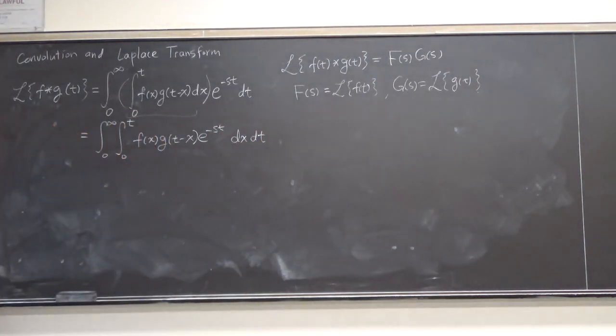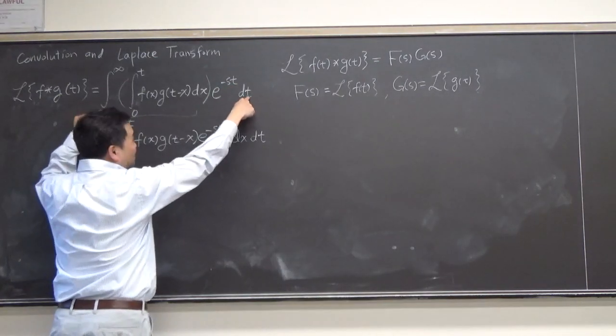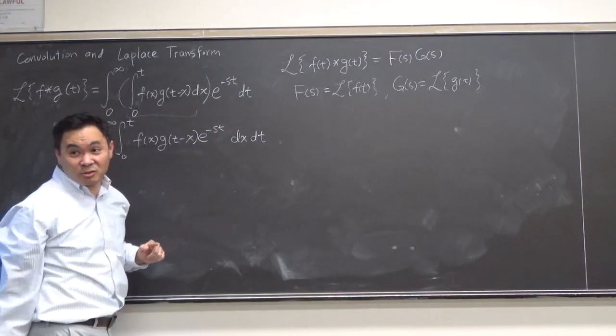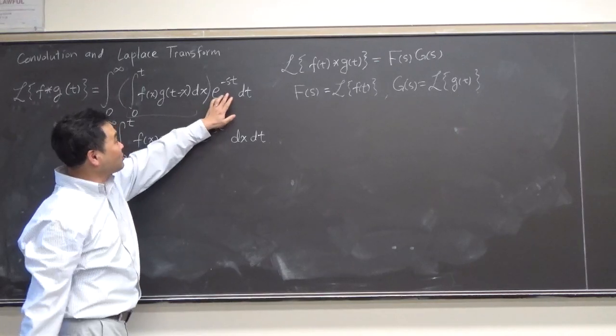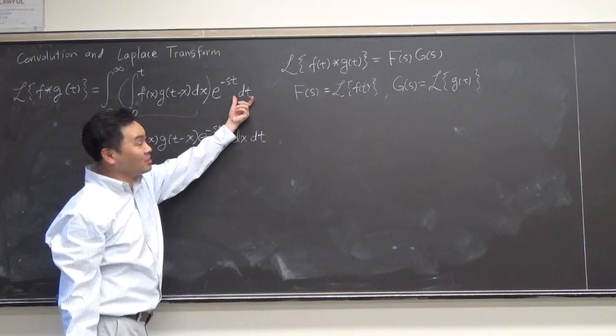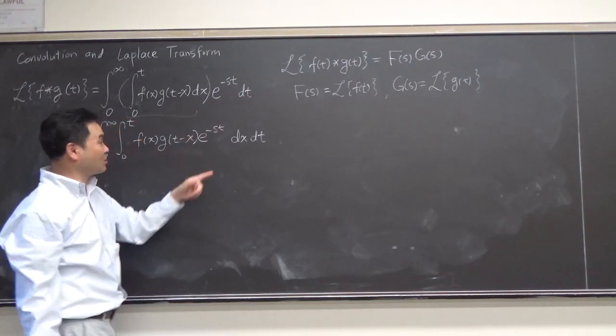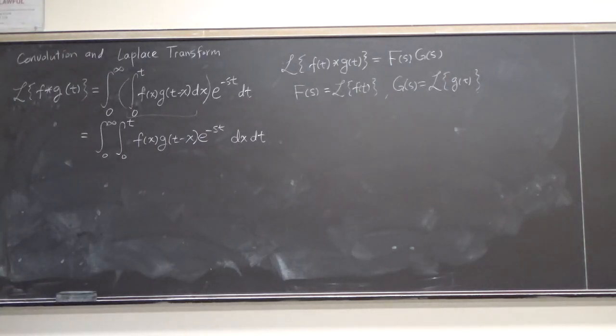In the view of this inside integral, t is a constant. It's not a constant in the view of dt, it changes, but I'm just saying that this can be brought inside. This cannot go outside because in terms of dt it is not a constant, but this can be brought inside, so that's what I did.